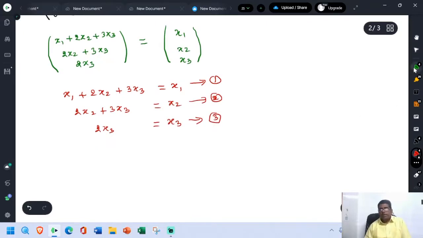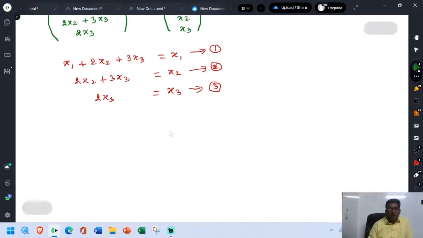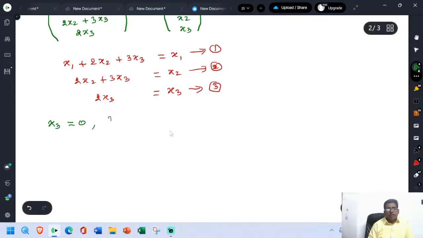See here, 2x3 equal to x3, so x3 equal to 0. Then if x3 equal to 0, 2x2 equal to x2, therefore x2 is also 0. From equation 1, with x2 and x3 equal to 0, x1 equal to x1. We do not know the value of x1, so put x1 equal to k.